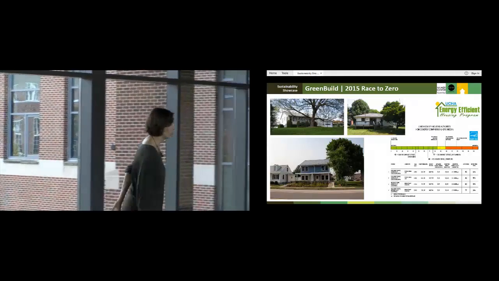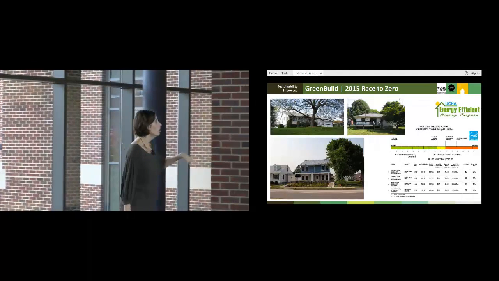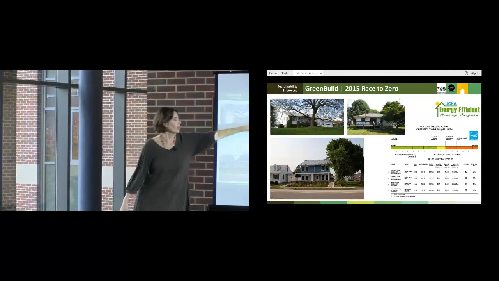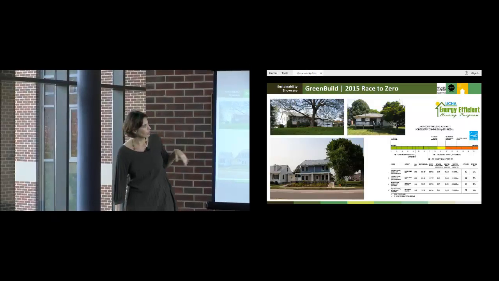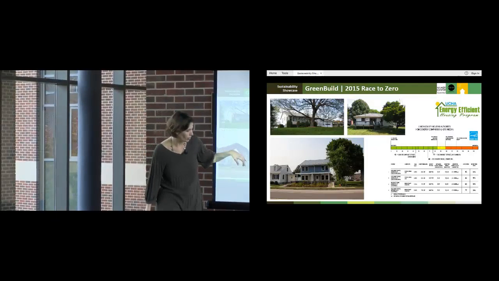So we talked to them about a partnership we had with Union County Housing Authority, where we looked at the energy improvements made to two existing homes, one from the 20s and one from the 50s.